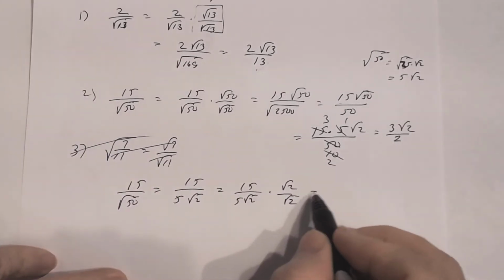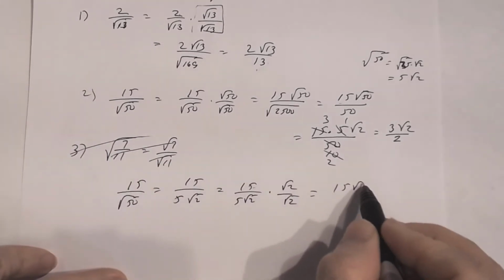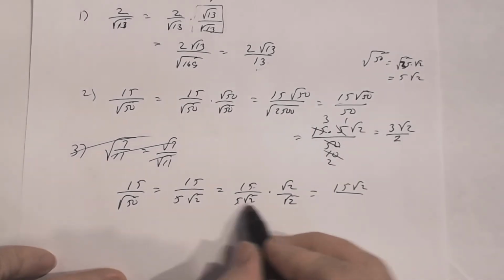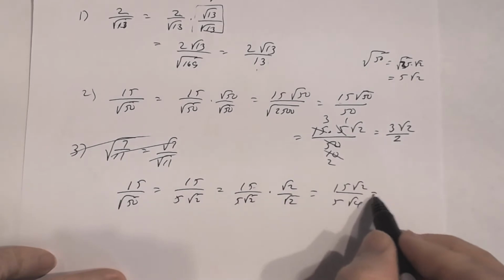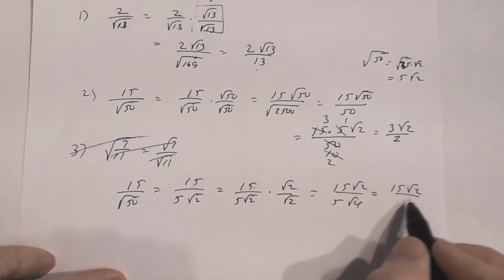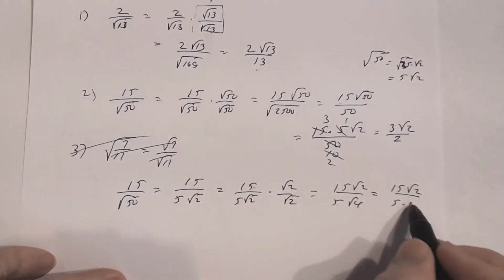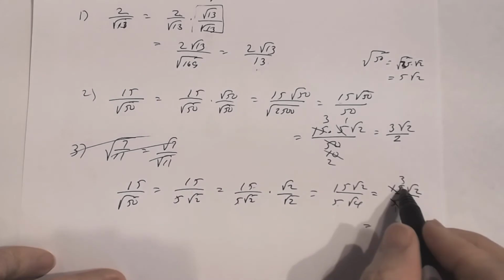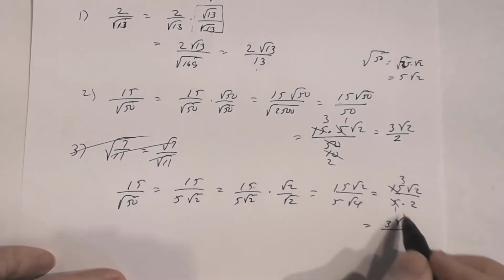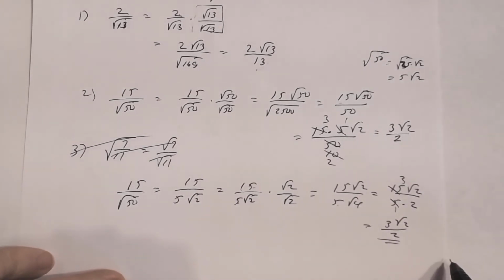So notice my numerator is 15 square root of 2, and my denominator is 5 times the square root of 2 times the square root of 2, which is the square root of 4. And so I get 15 square root of 2 divided by 5 times 2, right? And then reducing 15 and 5, I get 3 square root of 2 divided by 1 times 2, which is 2. All right, so you get the same thing.